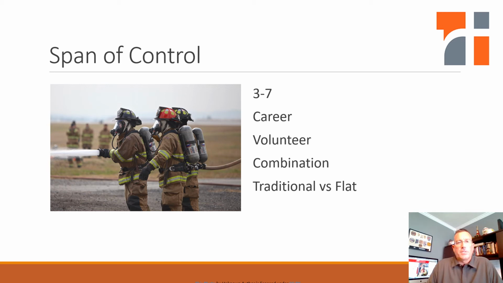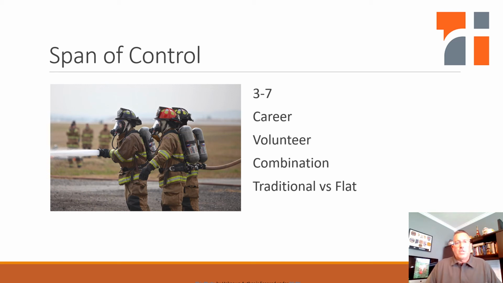One of the other things I like to talk about when we talk about organizational chart is this concept of a traditional organizational chart and a flat or flattened organizational chart. In business and industry over the last 15 years, there's been this tendency to widen that chart. And what I mean by that is flatten it out. So adding a larger span of control. So traditionally in business and industry, once you reached a certain number of subordinates, they would split that up, add a manager, and add a layer of management.